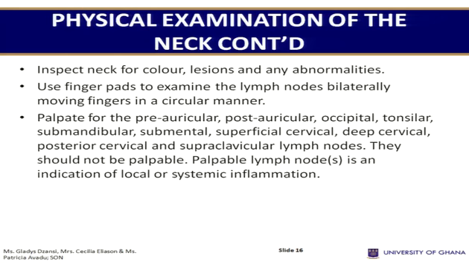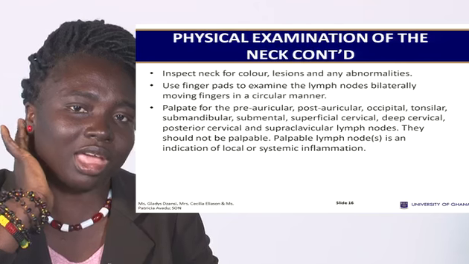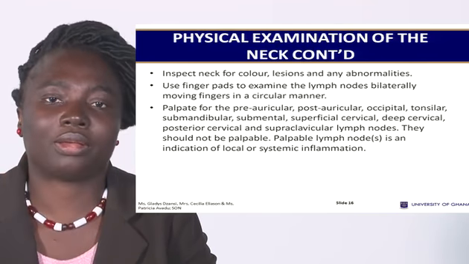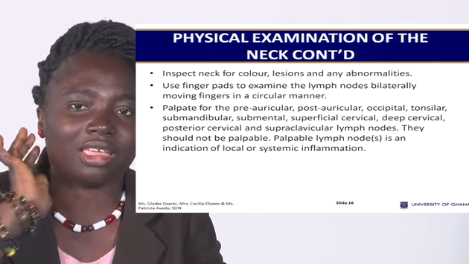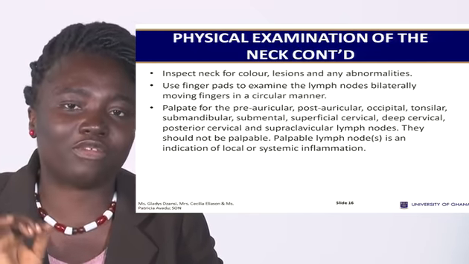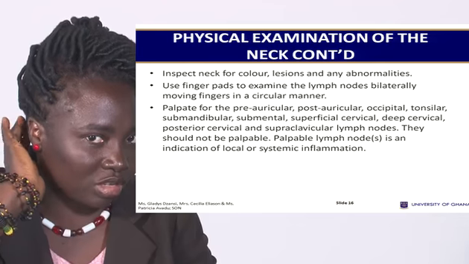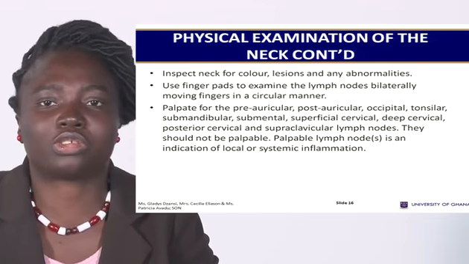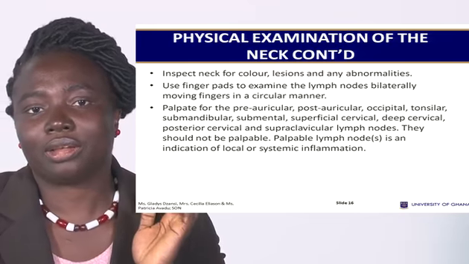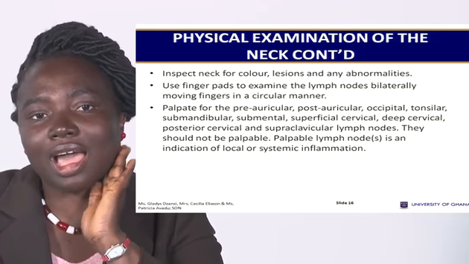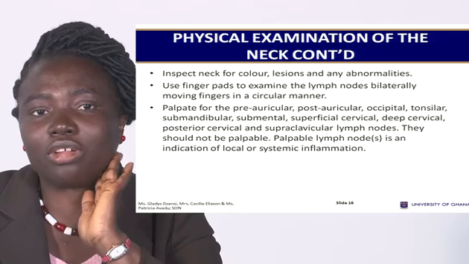But you palpate for the pre-auricular, which is in front of the ear. The post-auricular lymph nodes are just behind the ear. Then the occipital lymph nodes, which are at the occipital area, as we saw in our diagram. Then the submandibular, which is just under the jaw.